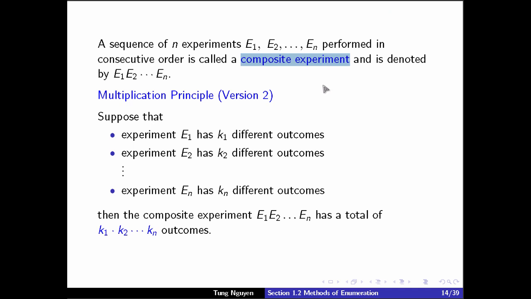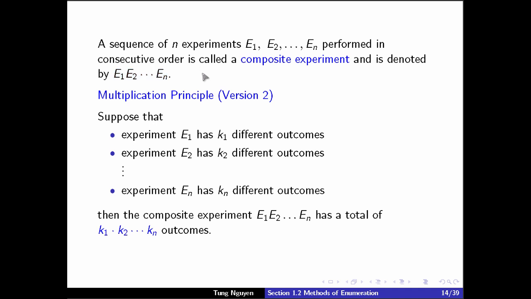We have a sequence of n experiments, E sub 1, E sub 2, all the way to E sub n, performed in consecutive order. That sequence is called a composite experiment, and we denote it by writing E sub 1, E sub 2, all the way to E sub n.